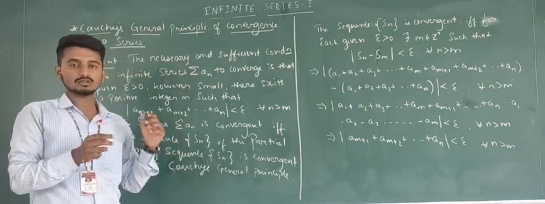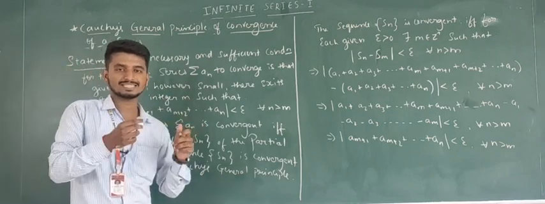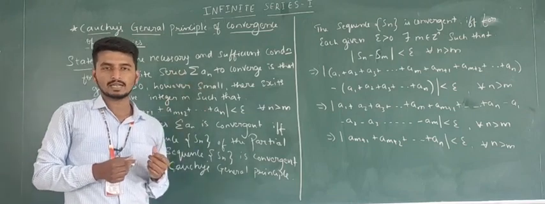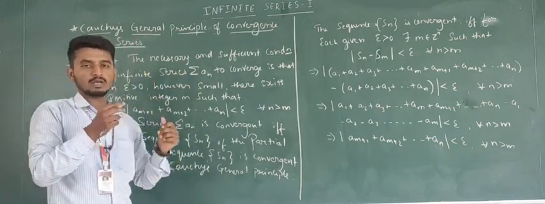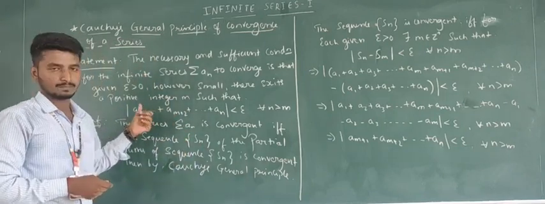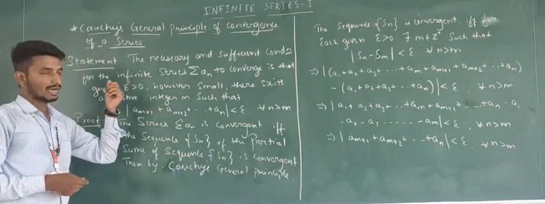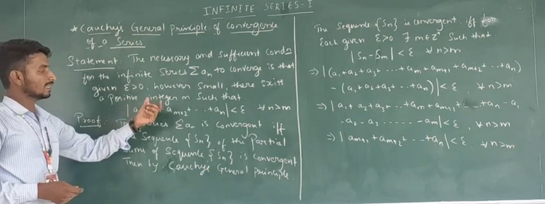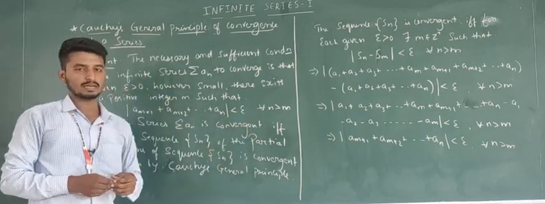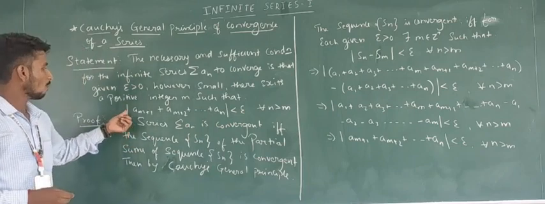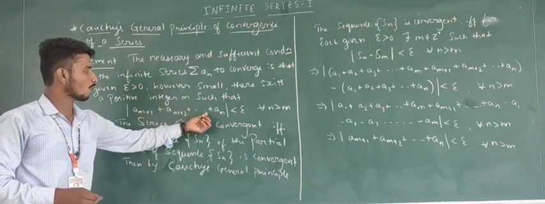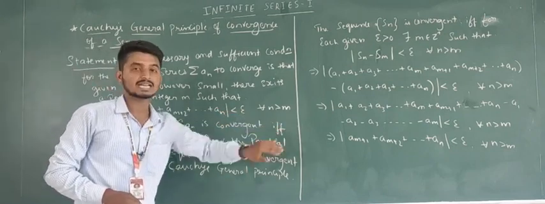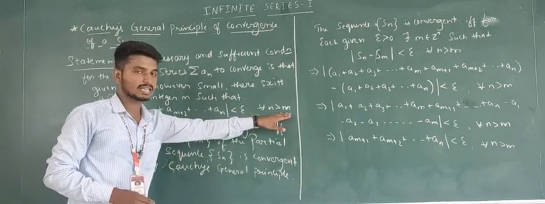That m also has a series, am+1, am+2, so on up to an. If we take the modulus of am+1 plus am+2 plus so on plus an, that value will be less than epsilon for all n greater than m.